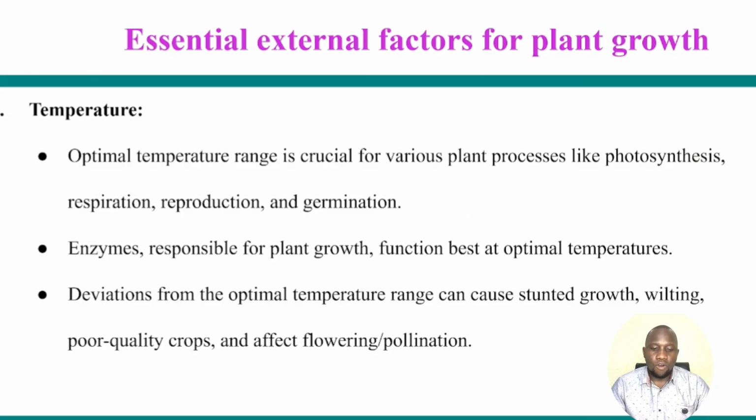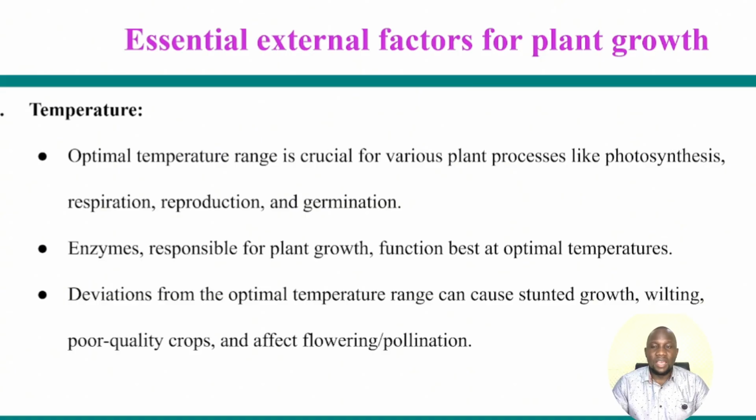Temperature. Optimal temperature is very crucial for processes in plants. Processes such as photosynthesis are regulated by enzymes, and therefore you should have optimal temperatures for the activity of enzymes. Similarly, apart from photosynthesis, you have respiration, reproduction, and germination.